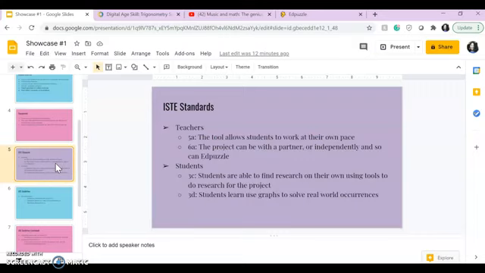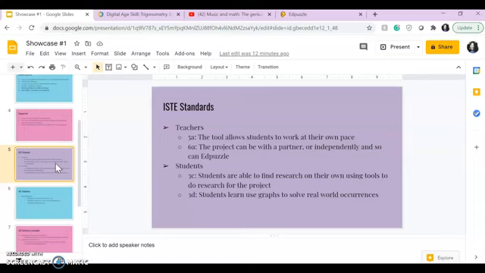So let's talk about some ISTE standards. Some for teachers I used Designer, so 5A. Use technology to create, adapt, and personalize learning experiences that foster independent learning and accommodate learner differences and needs.